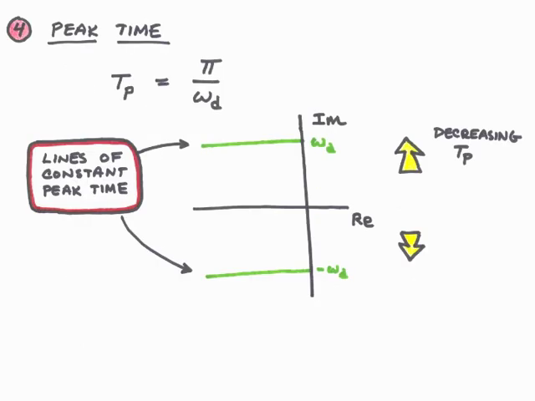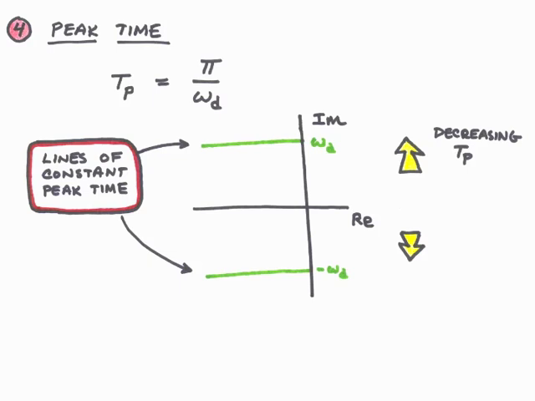Now we'll turn to our fourth and last transient response specification, and that is peak time. This is the time when the output reaches its maximum value in response to a step input. T sub p is equal to pi over omega d, where omega d, if you'll recall, is the imaginary part of the complex poles.